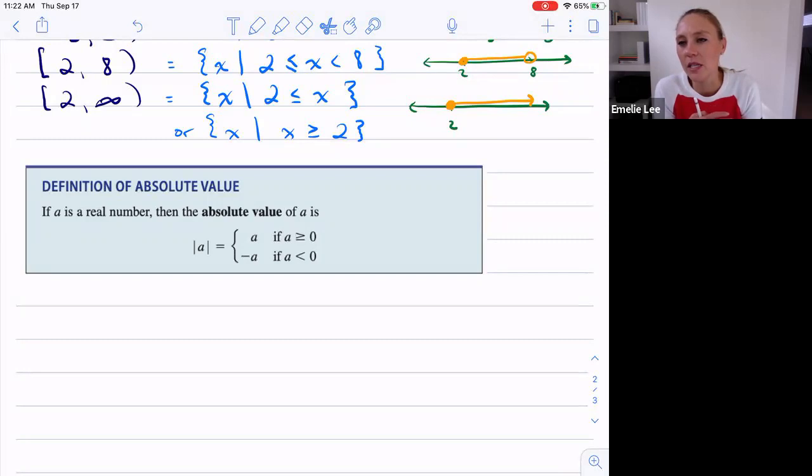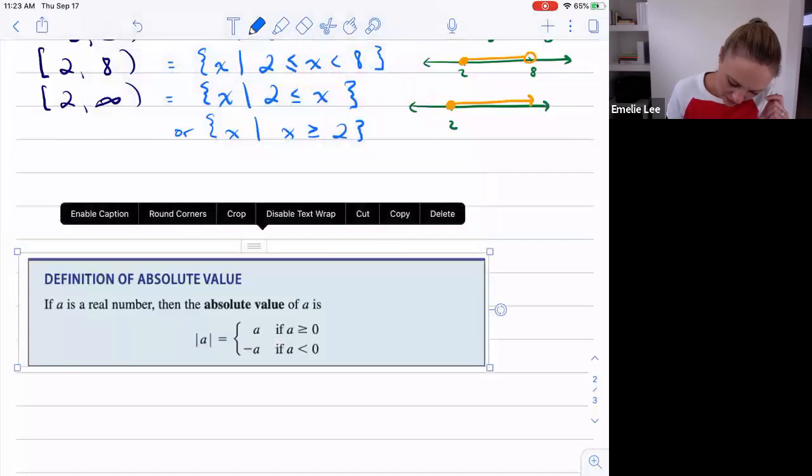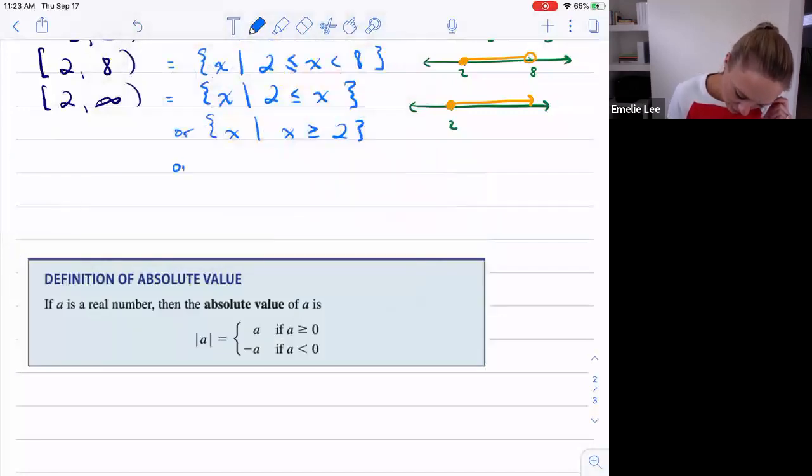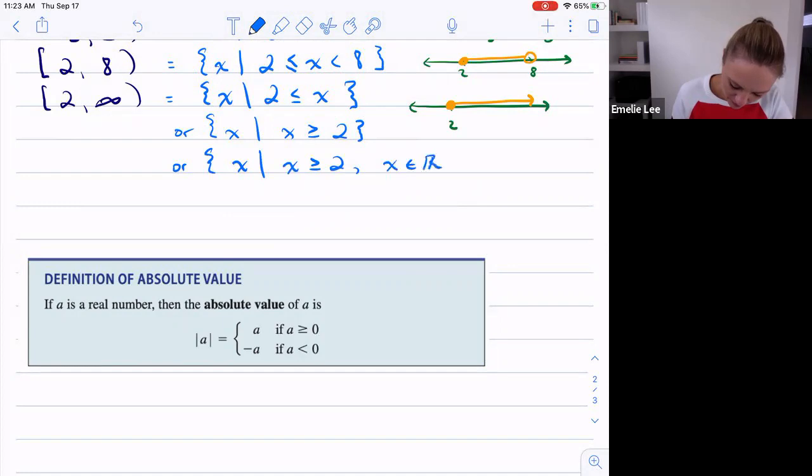So Avon said you could have something like, you could add on here, any x such that x is greater than or equal to 2, x in the set of real numbers.